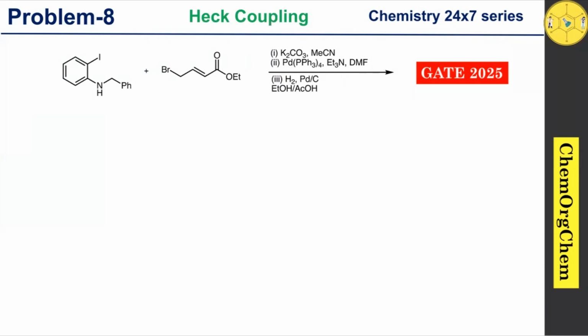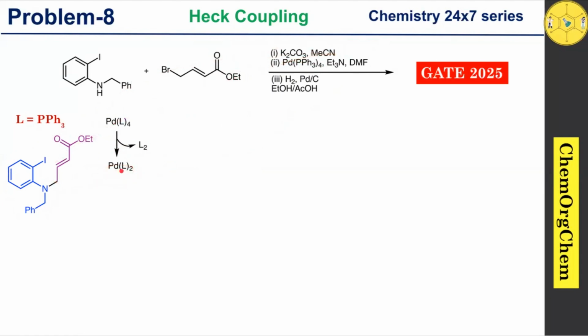As per the Heck cross-coupling reaction, the first step is the generation of the palladium zero catalyst. Here we can consider triphenylphosphine as L. The initial step is ligand dissociation to produce the palladium zero catalyst, since this reaction requires a palladium zero catalyst.